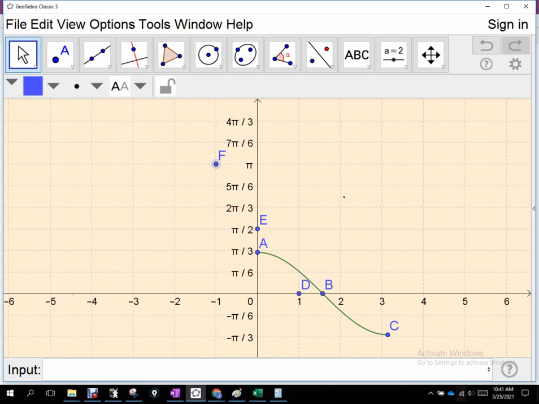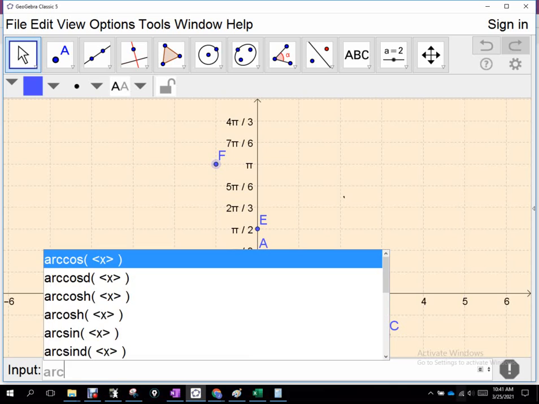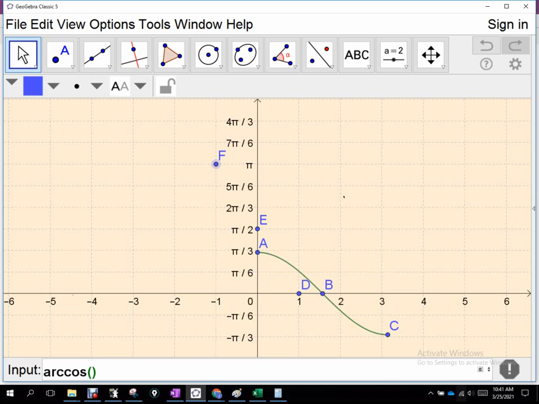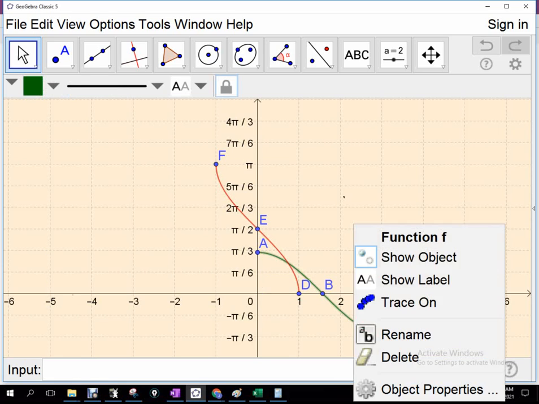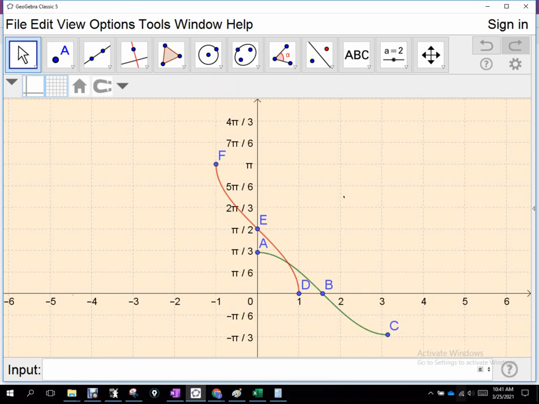It gives me these three blue points, right? F, E, and D. If I connect those and all the other points that I would have inverted in between them, it gives me that red curve. Okay, and again, what are inverses? Aren't they reflections across that line right there? And that looks like a valid reflection, right?